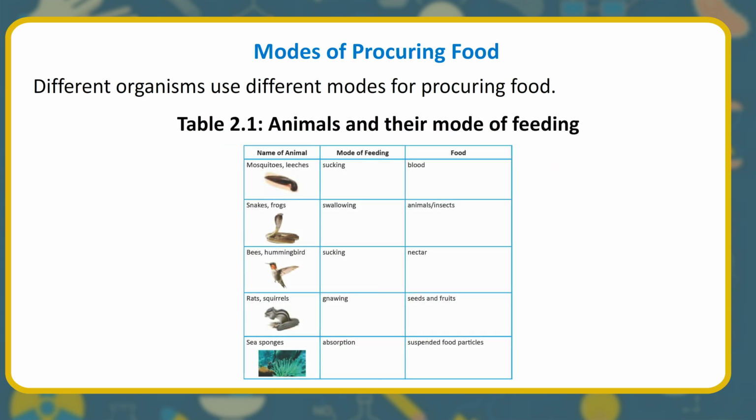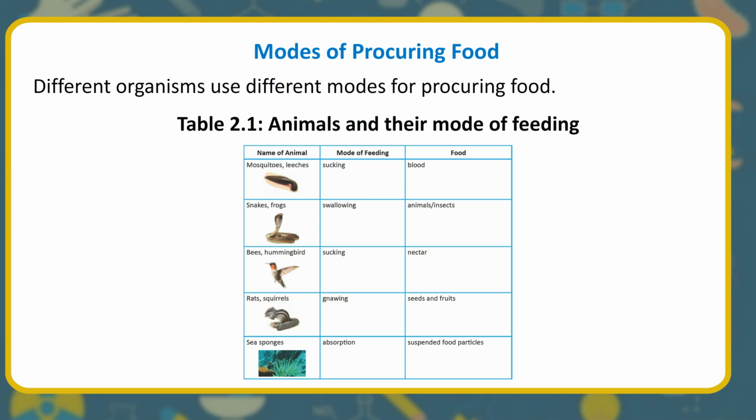Table 2.1 Animals and their mode of feeding. Name of animal. Mode of feeding. Food. Mosquitoes, leeches. Sucking. Blood. Snakes, frogs. Swallowing. Animals/insects. Bees, hummingbird. Sucking. Nectar. Rats, squirrels.